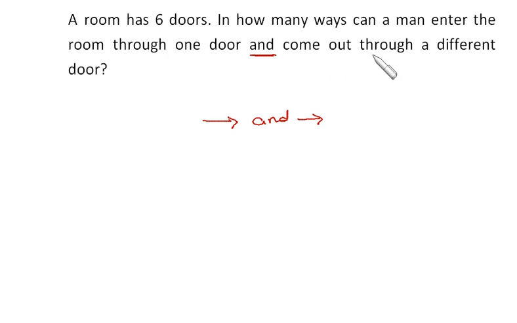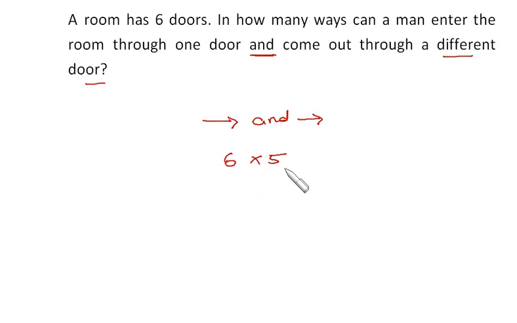Now when he is coming in, he has 6 choices. When he is going out, he has only 5 choices because he cannot choose the same door by which he has entered. So 6 incoming and 5 outgoing, and the events are simultaneous.